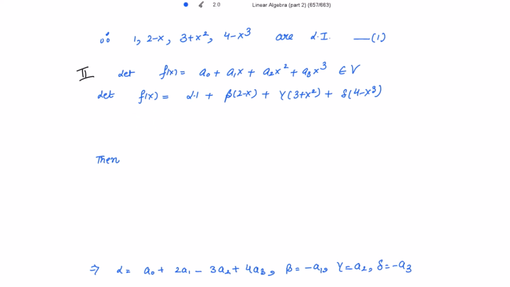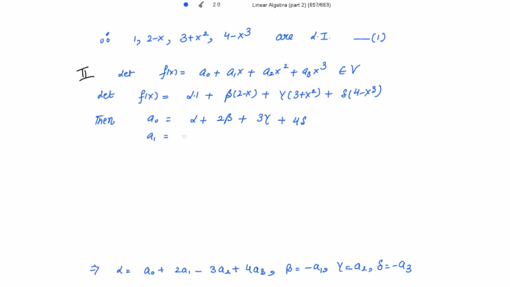So from here I can say that a0 is equal to alpha plus 2 beta plus 3 gamma plus 4 delta. And then if you compare the coefficient of x, this a1 is equal to minus beta, right?